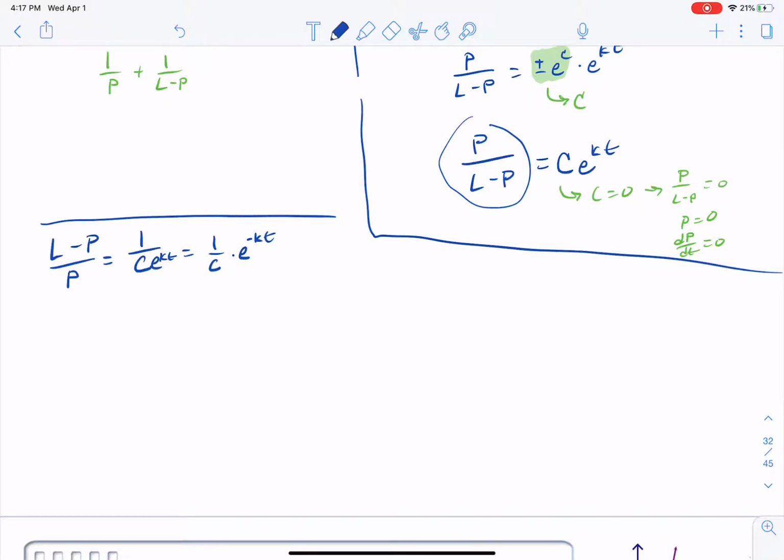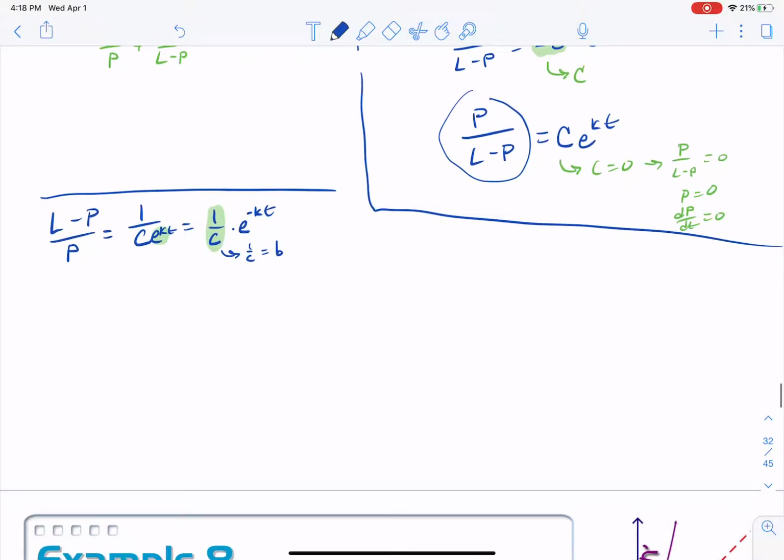Because I basically took it from the bottom here and then brought it up to the top with a negative exponent. And the next thing that we're going to do is we're going to say, let's let 1 over c be equal to some other number. It could be c if we want it to be, but ordinarily it's written as a lowercase b. So we're going to take that 1 over c out and replace it with a b.